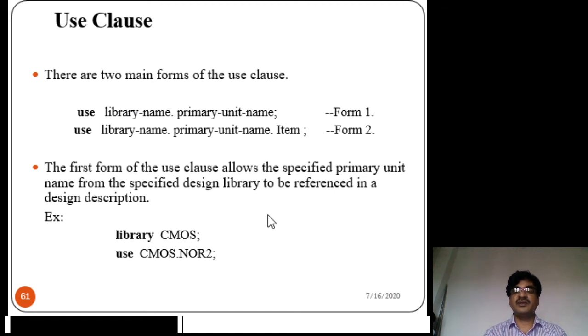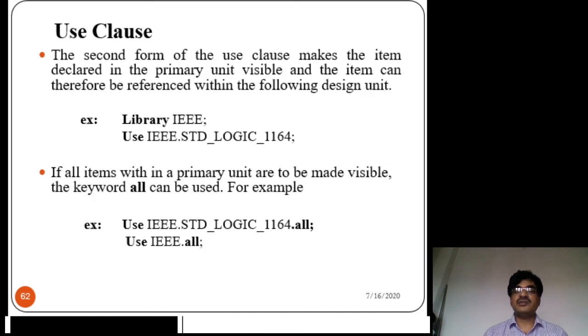What does it mean? See in this example, library CMOS means it makes the CMOS library visible. From that CMOS library, you are taking the unit NAR2 with the help of the use clause.